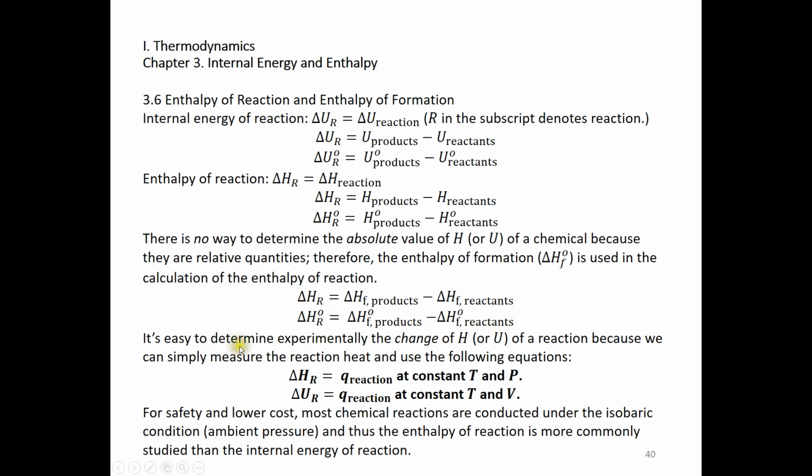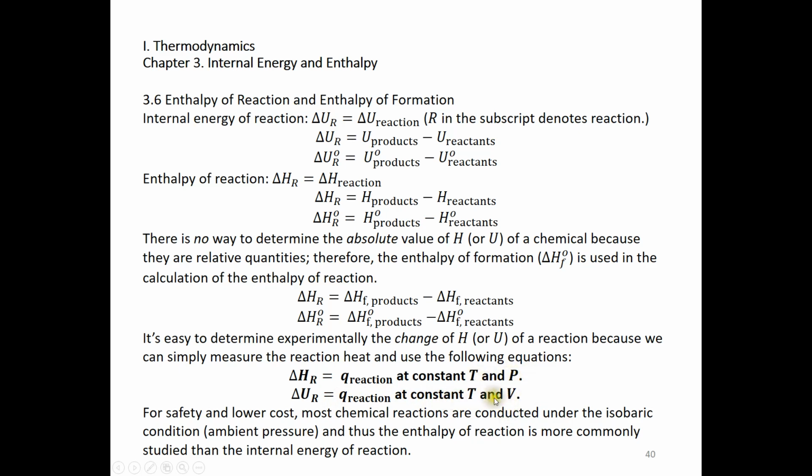It's easy to determine experimentally the change of H or U of the reaction because we can simply measure the reaction heat. Delta H of a reaction is equal to the reaction heat at constant temperature and pressure condition. The internal energy of reaction is equal to the reaction heat at constant temperature and volume condition.